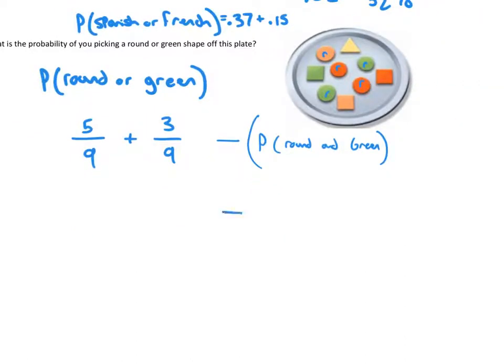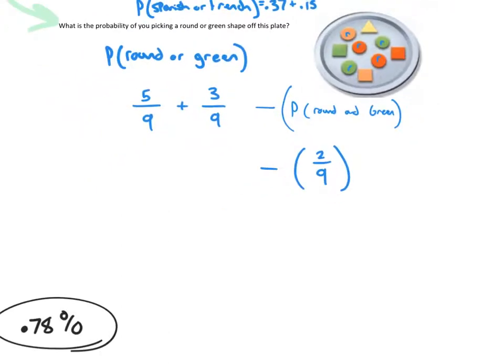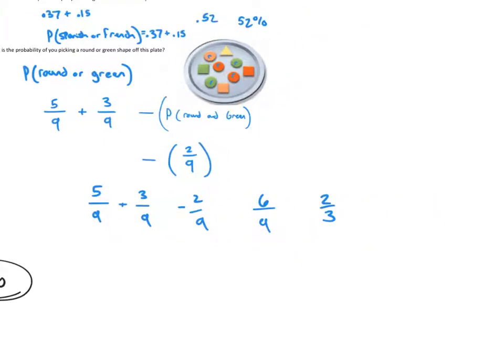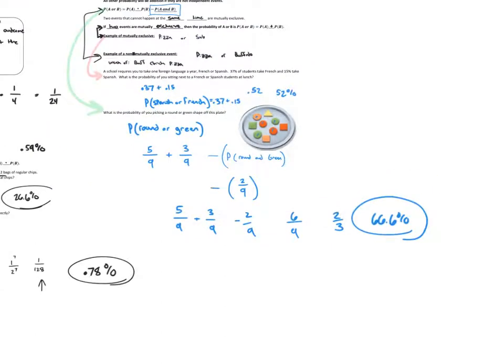When we look, there are 2 shapes that are both round and green. Then we would be able to get all these to go together. When we do that, we end up getting 6 out of 9. So we get 2/3 or 66.6% chance of getting something that is round or green.